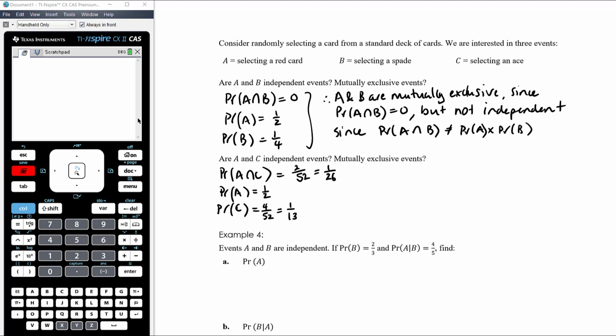Now, the probability of A times the probability of C, half times 1/13, is 1/26, and so that does equal the intersection. Therefore A and C are not mutually exclusive.